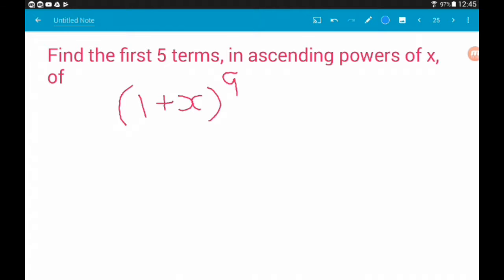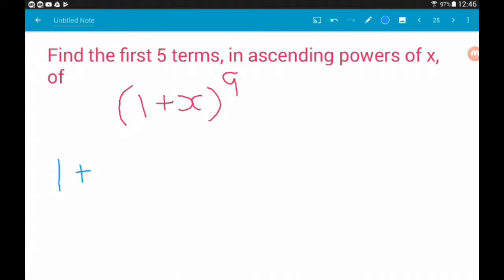So in ascending powers of x, that means to start with the smallest power of x. Now that is just the 1 term. There is a 0 power of x there. So our first term is just 1. Then, well here, n is 9.